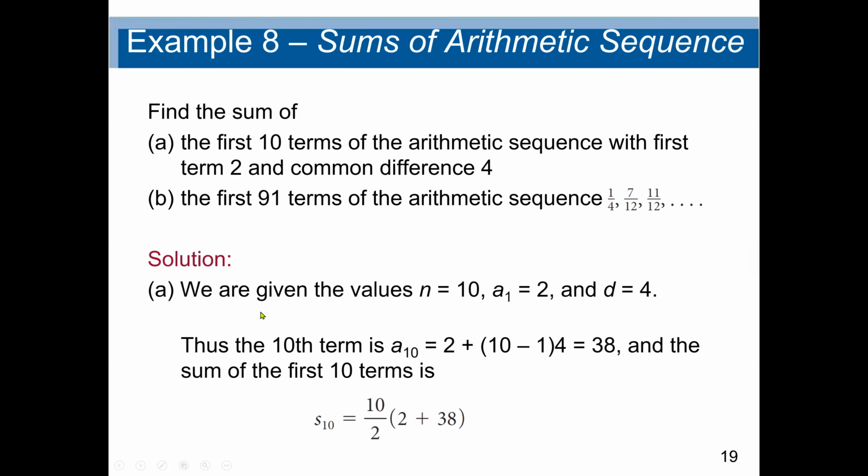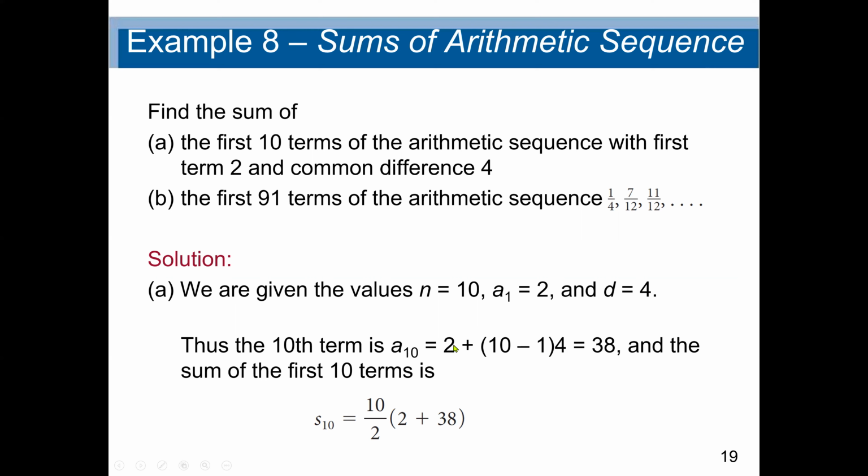So the formula will be, we are given that n will be equal to 10 since we are finding 10 terms. A1, the first item given to us, is 2, and the common difference we are going to add is 4. So A10 will equal the first item, which is 2, plus n minus 1 times d.